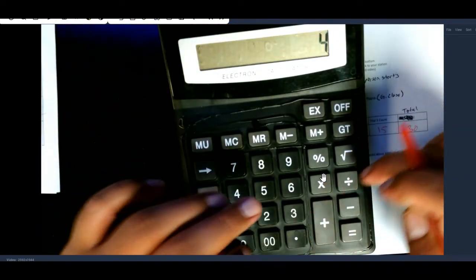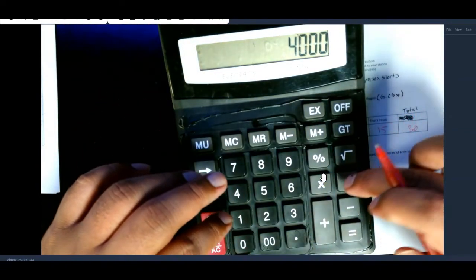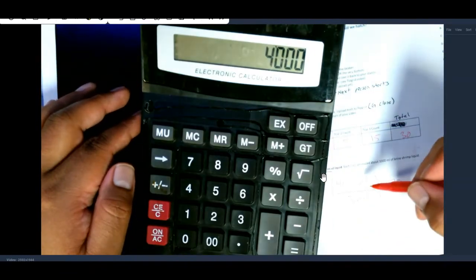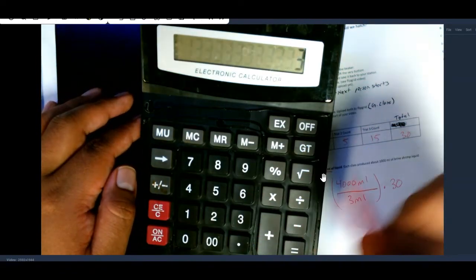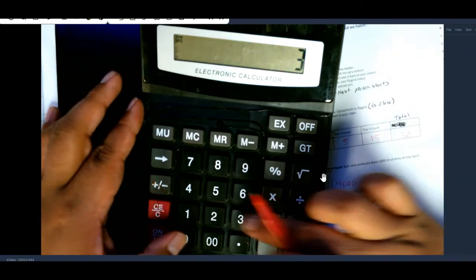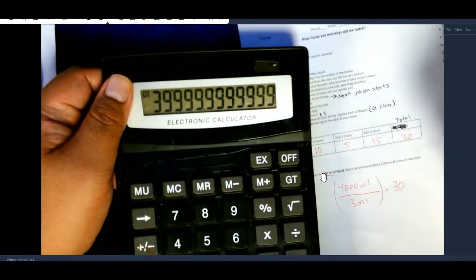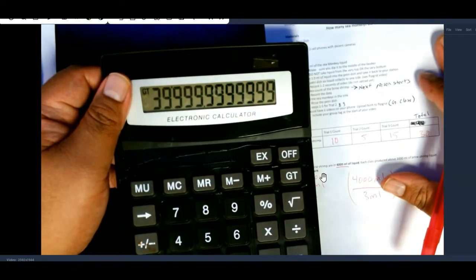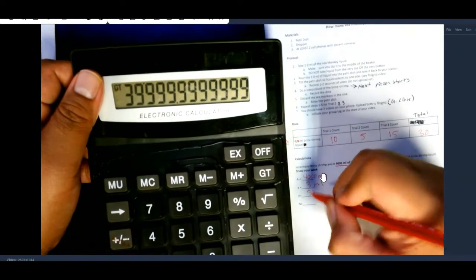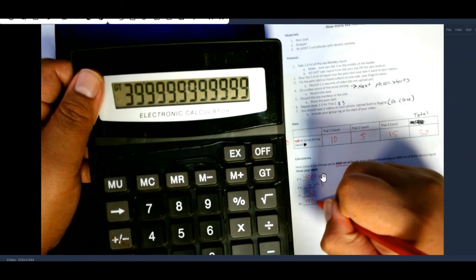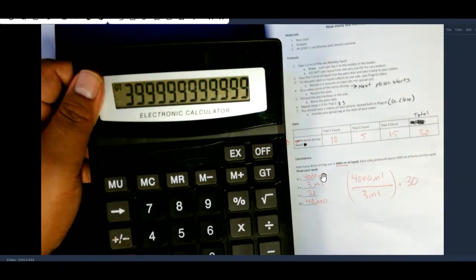Set our equation, do the rest of the work. 4,000 divided by 3 mLs times 30. We're definitely going to round this number, there's about 40,000 sea monkeys in there. Like that. That's it.